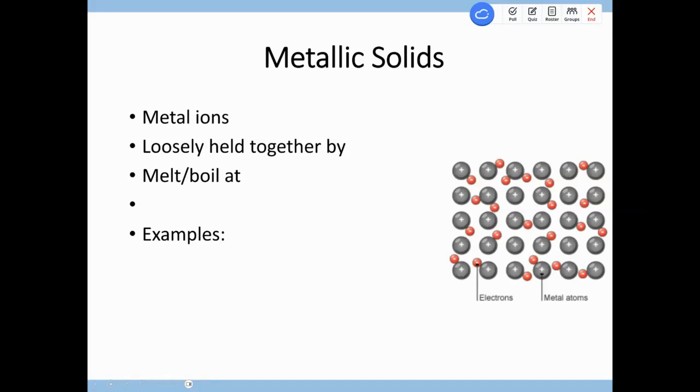So these are solids that are made up of just metals, metal ions. These are metal atoms that are held together by delocalized valence electrons.